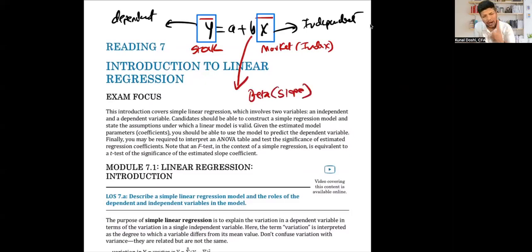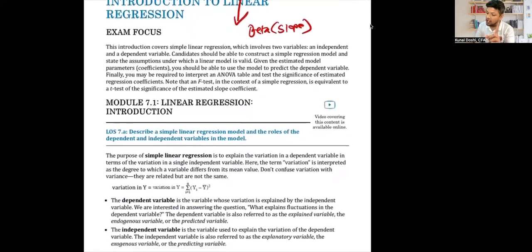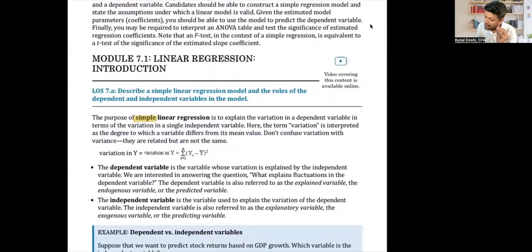Since there is only one beta as of now, we call the linear regression equation simple linear. In Level 2, you will see multiple betas and therefore you'll have multiple linear regression. As of now in Level 1, we are studying the simple linear regression equation where you have only one beta or one slope. Here, what are we trying to explain?